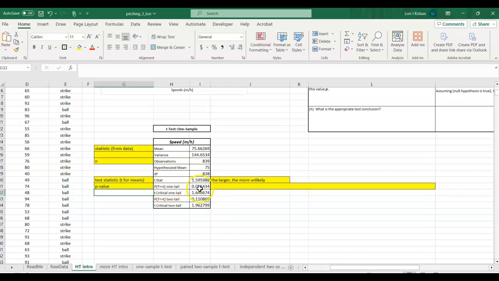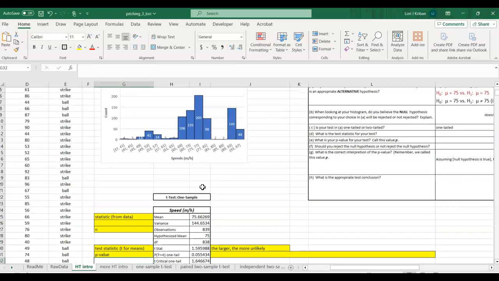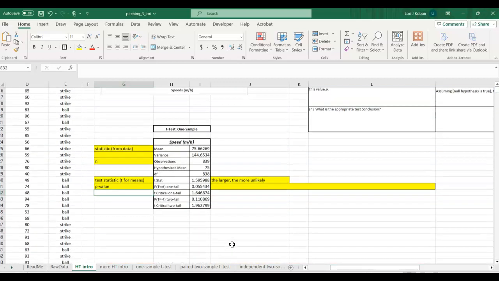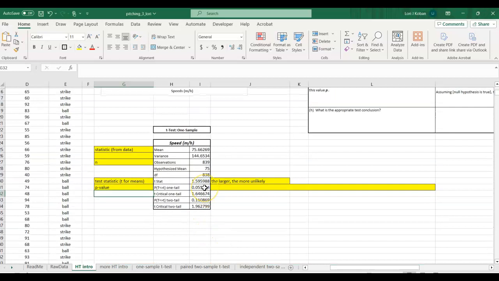And so what we're saying is about 5.5% of the time, even if the mean is 75, I would observe a sample statistic like 75.66. All right, so this is our p-value.